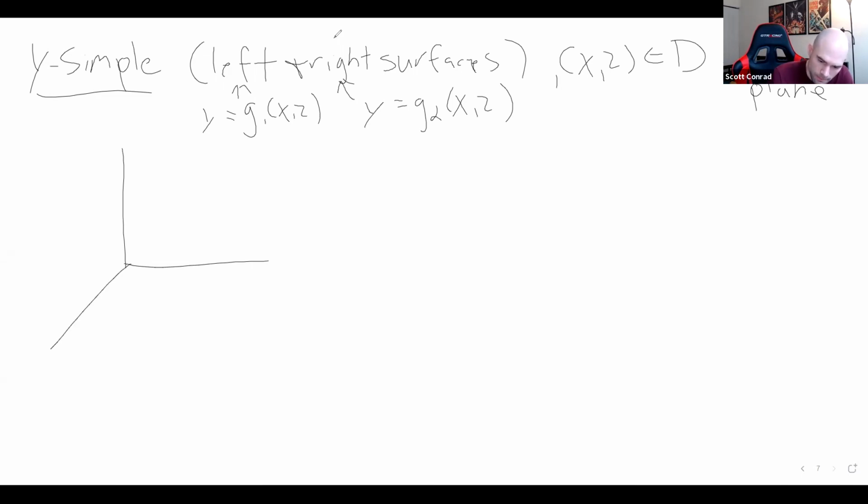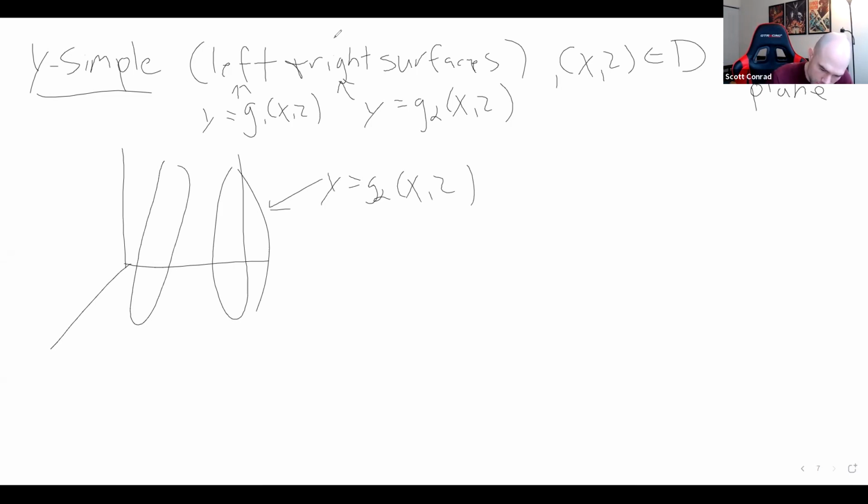So we have a left surface, a right surface. Sorry, I mixed those up, but this is y is equal to g1 of x, z. Beautiful picture, I know.